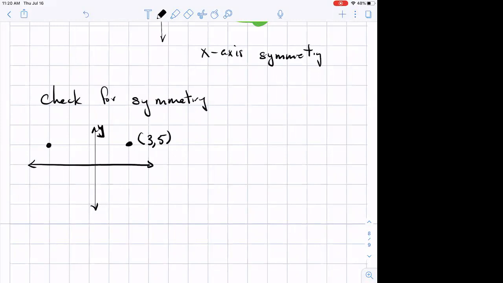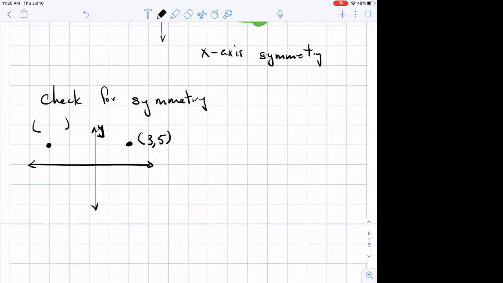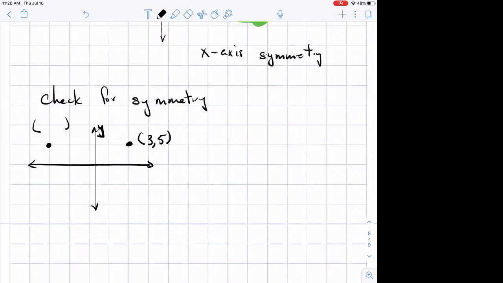Do you agree with that? What will be the location of that new point? -3, 5. The y value will stay the same. They're at the same height, isn't it? So the only thing that changes for y-axis symmetry is the x value.